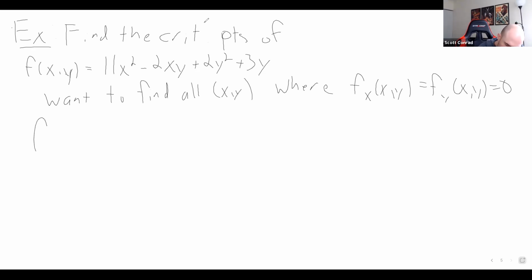So what we do is we take the partial derivatives. So the partial of f with respect to x: 11x squared becomes 22x, minus 2xy becomes minus 2y, 2y squared becomes 0, 3y becomes 0, and we set it equal to 0.